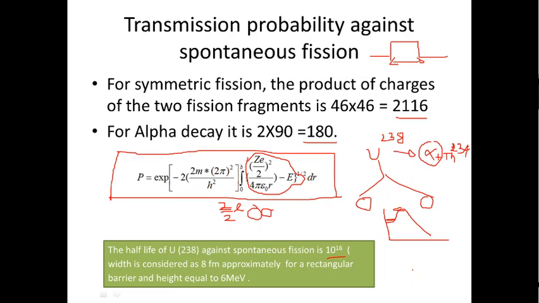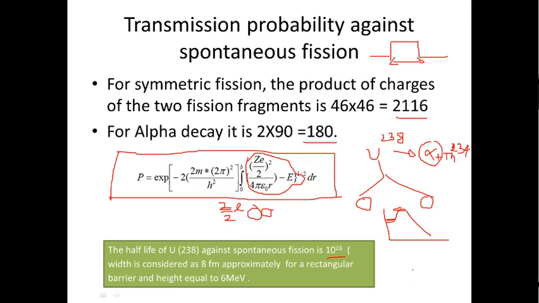Now, dear students, 10 raised to 16 years is too long a time. Our Earth is not more than 10 raised to 10 years. If uranium 238 exists, there is a finite probability that it can undergo spontaneous fission.